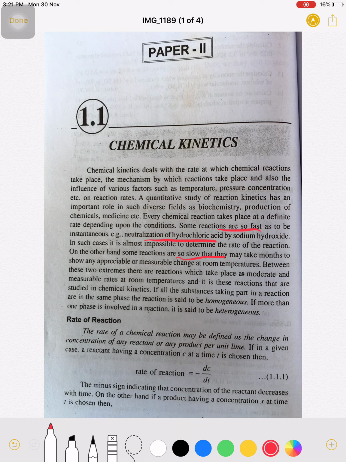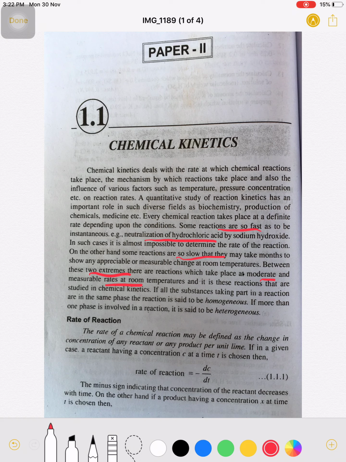Between these two extremes there are reactions which take place at a moderate, measurable rate at room temperature, and it is these reactions that are studied in chemical kinetics. So those reactions which are moderate and carried out at room temperature, which take neither a very short time nor a very long duration, can be studied with the help of kinetics.